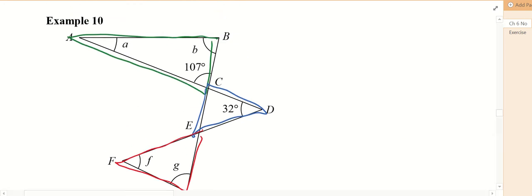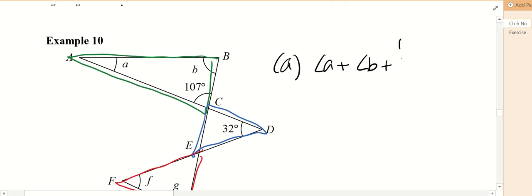So how do we do that? We can look at the green triangle on its own, ABC, and we know that its angles add up to 180 degrees. You can copy the answer at the bottom after the question. So for part A, they ask what is angle A plus angle B. We know that angle A plus angle B plus 107 degrees is 180.